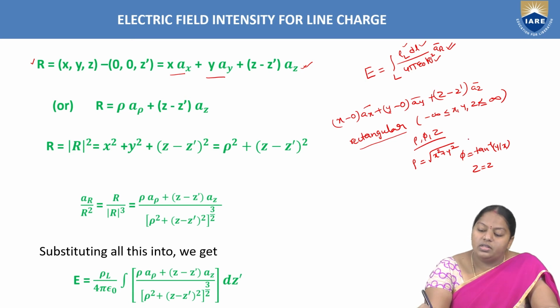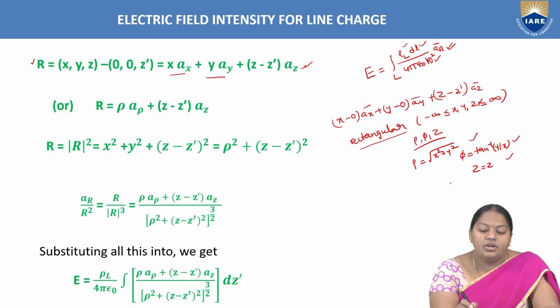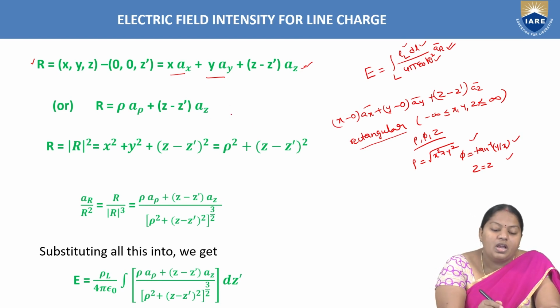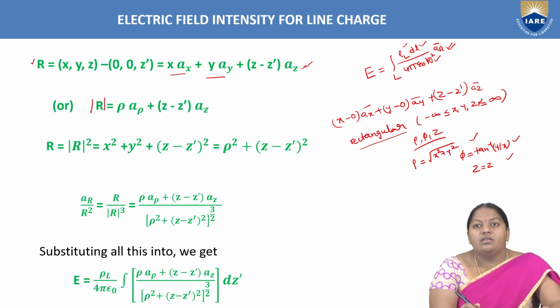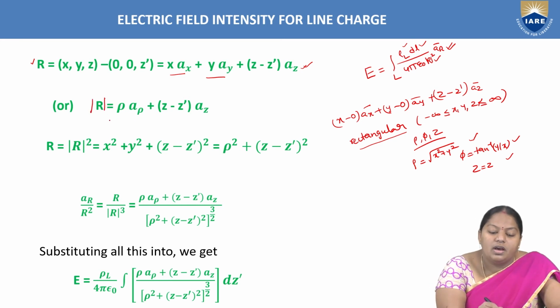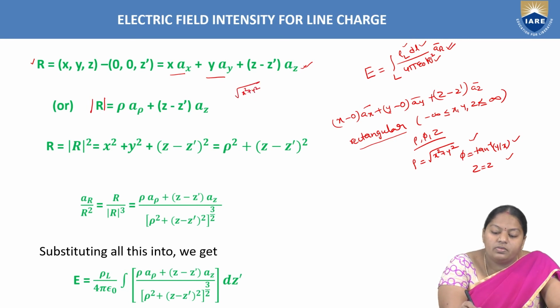So now, based upon these three, we'll transform all these x, y, z dash into equivalent cylindrical coordinate system variables. Here r is the magnitude form; modulus of r, where modulus stands for magnitude, is given by root of x square plus y square plus z minus z dash whole square, right?